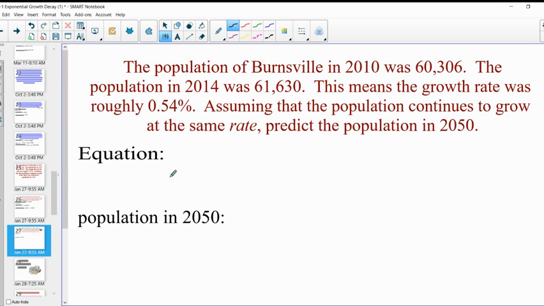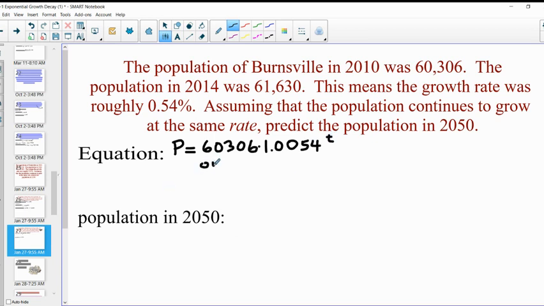My equation. Well, I guess I've got two different possible equations. If I want to say that the population at time equals 0 is 60,306, I'll use 60,306 times 1.0054 to the t power.